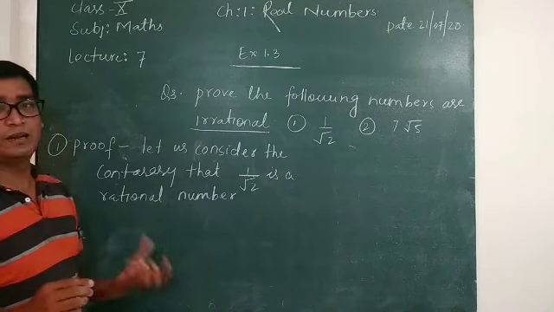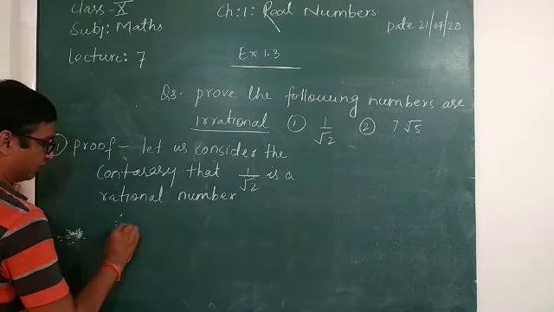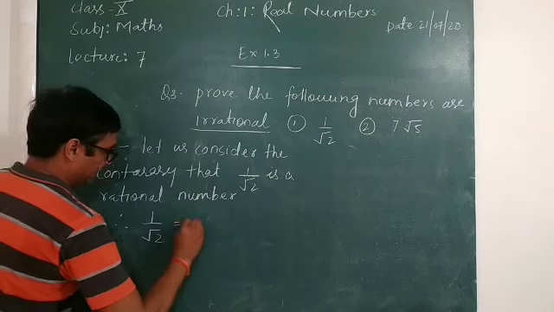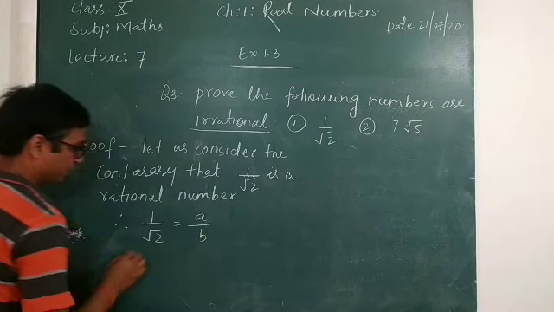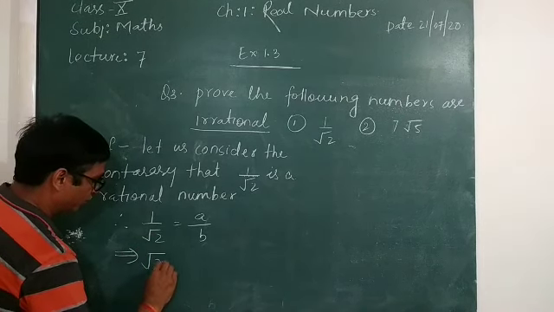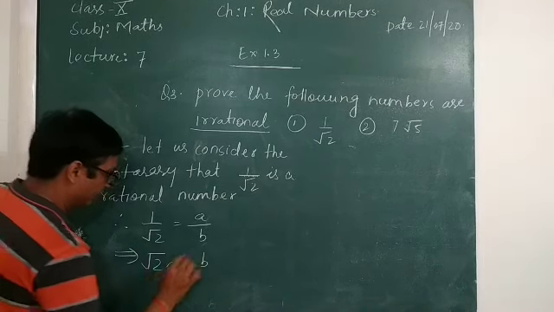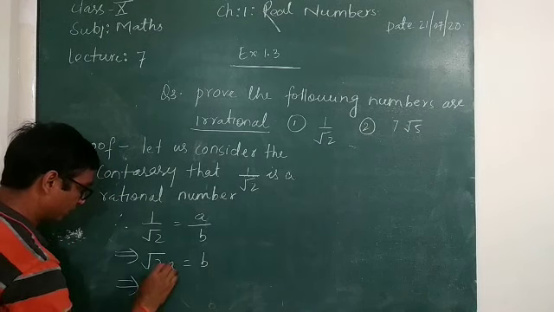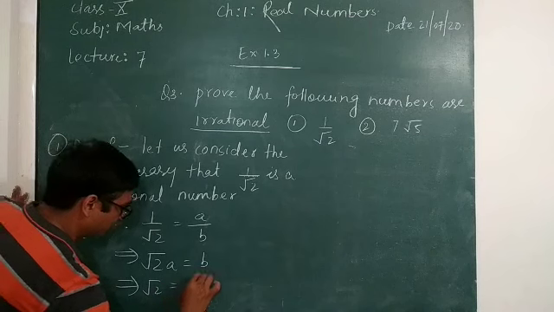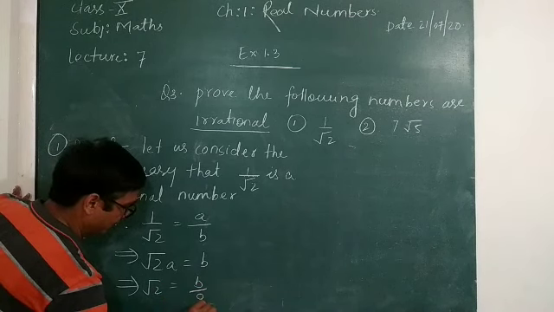So if it is a rational number, we can write this number in the form of p by q or a by b. So 1 by root 2 is equal to a by b. If we do the cross multiplication, we get a root 2 is equal to b, or we can write root 2 is equal to b by a.